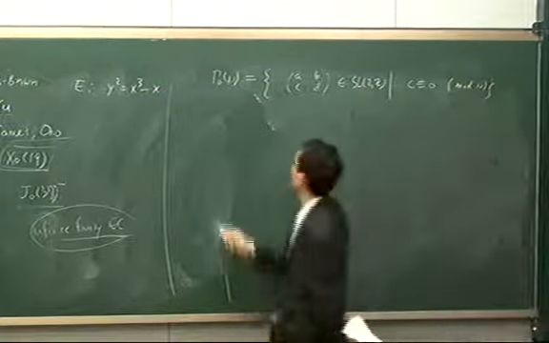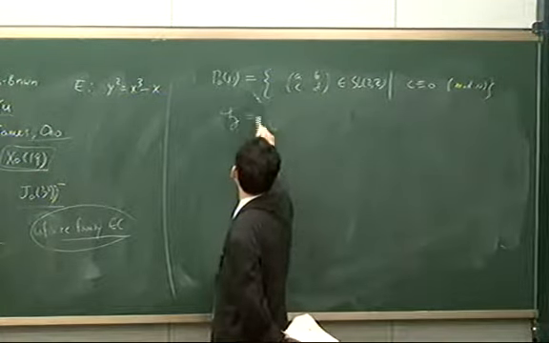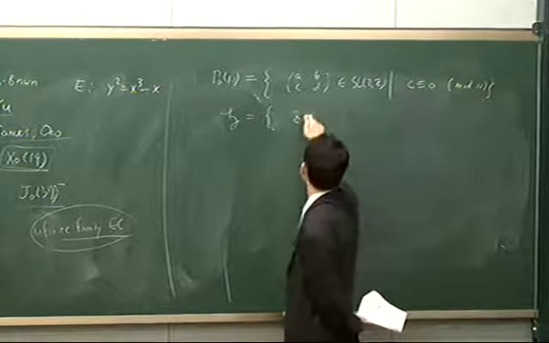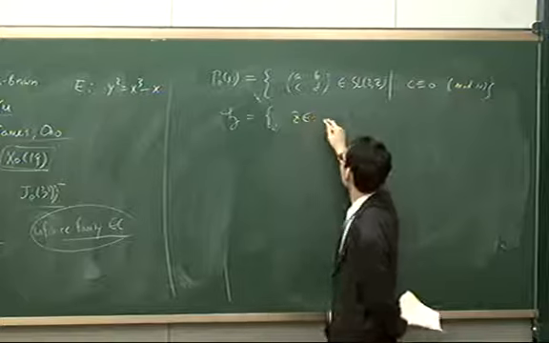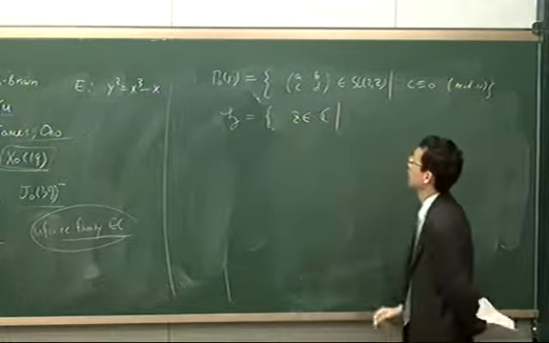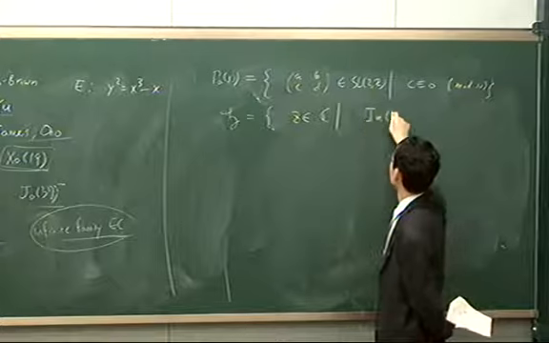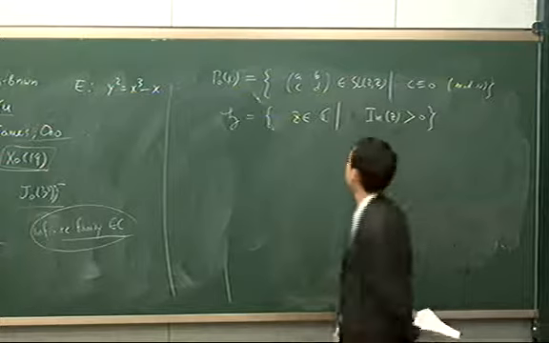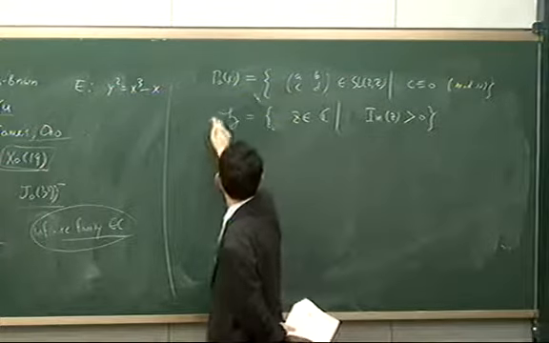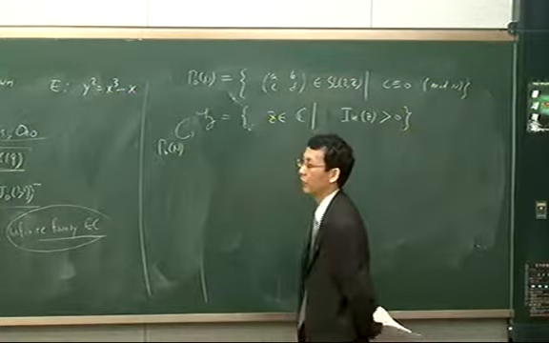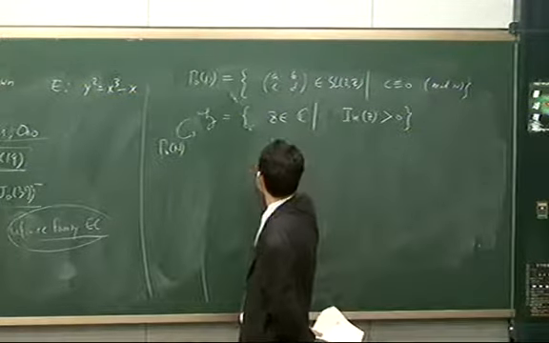And this group acts on the upper half plane. The upper half plane is defined as the set of complex numbers with imaginary part greater than 0. Then Gamma_0(N) acts on the upper half plane by Möbius transformation.